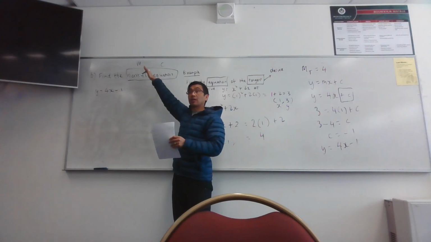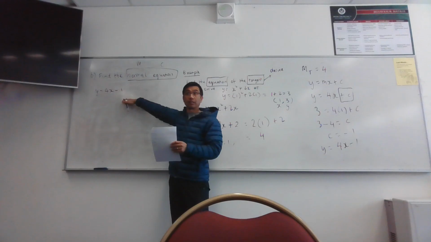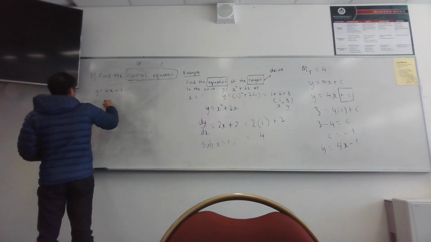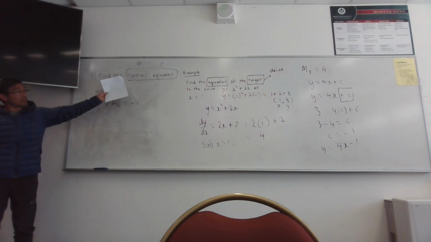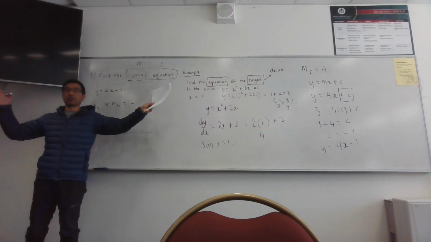How can I find the gradient of the normal based on information in here? You have to do 4 times the gradient of the normal equals -1. Correct. We know from before the 2 gradients are related to each other. It's a -1 relationship. It's a bad relationship, -1.